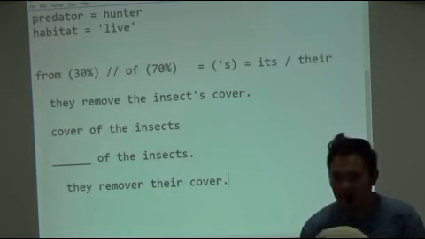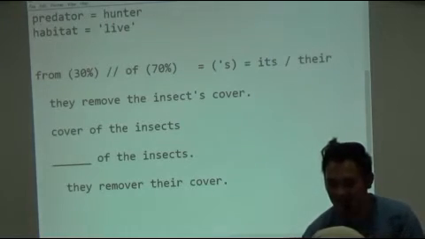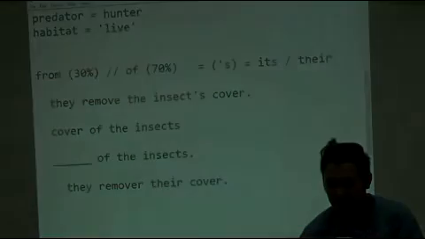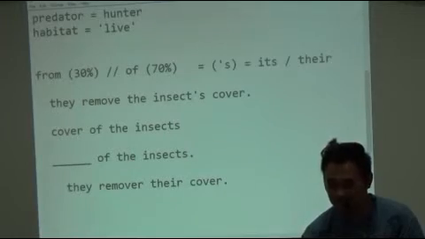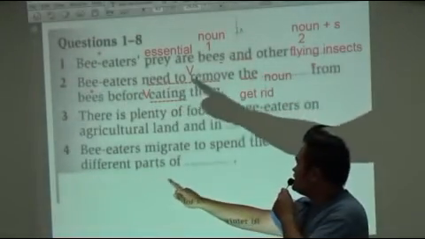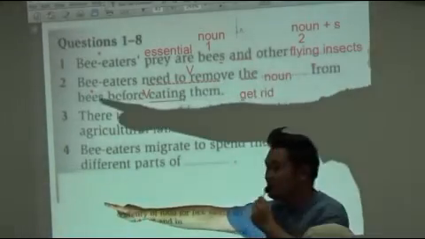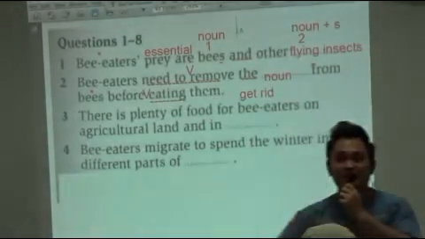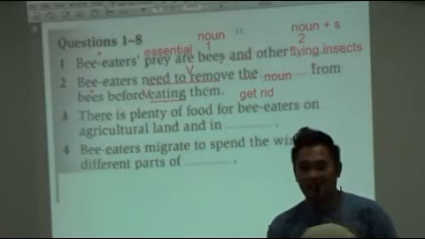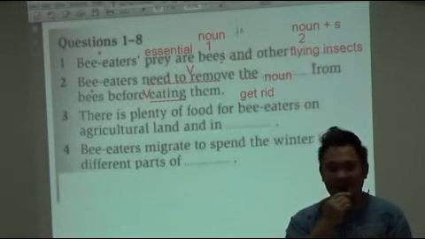Okay. I'd like you to now find the word "be" in the question. The word "be," isn't it? "Bee eaters need to remove the noun from the bees." "Be" is your marker. Can you find the word "be"? Ready? 5 seconds. Start.